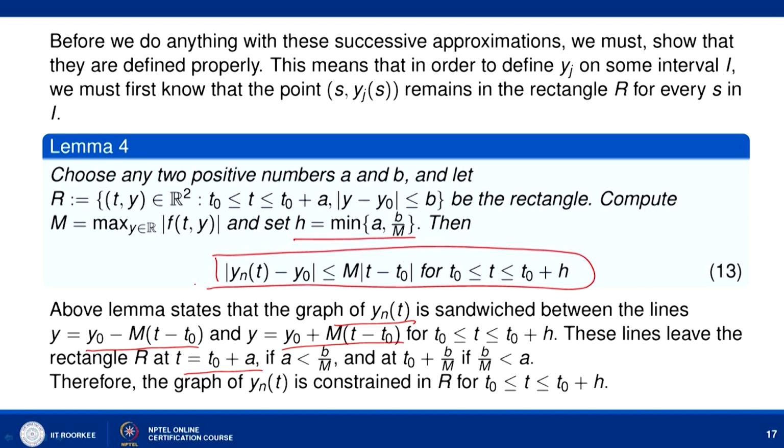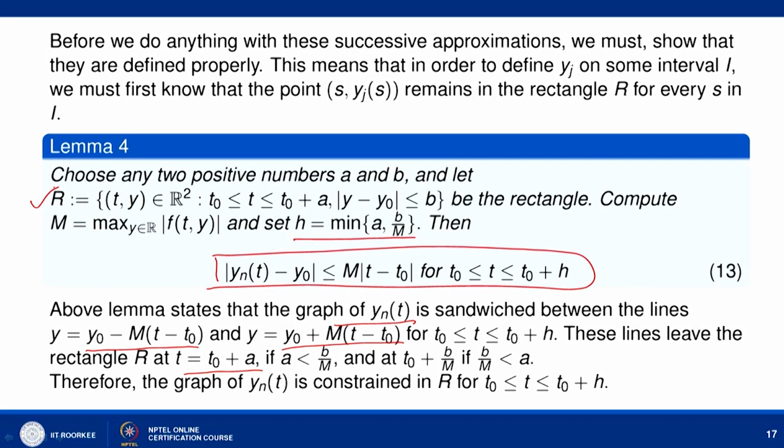So, it means that this successive approximation will remain in the rectangle which we have defined like this. So, all the constructed sequence will be in this rectangle R for all time t between t naught to t naught plus h, and in this rectangle your modulus of f t y is bounded by this m.